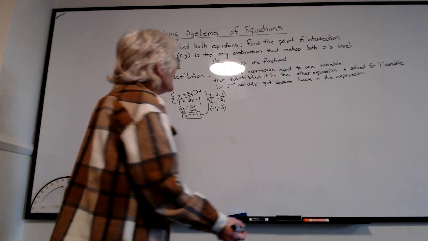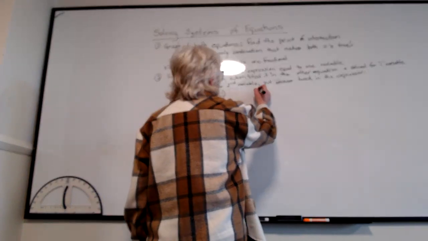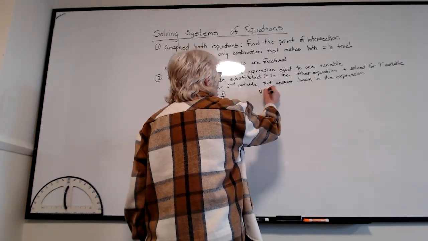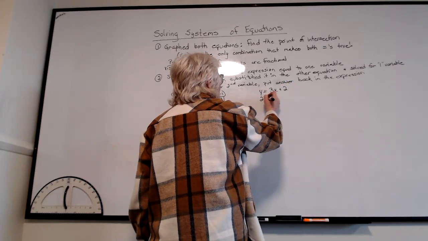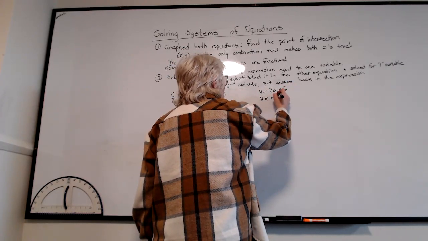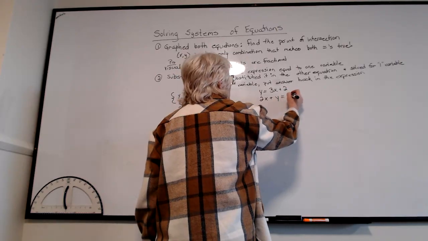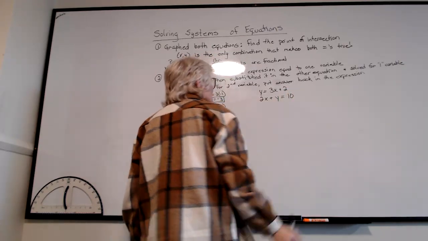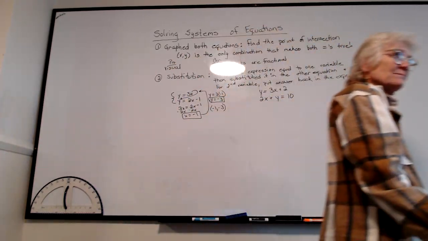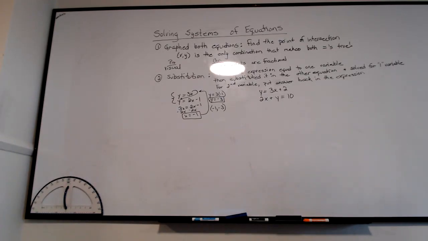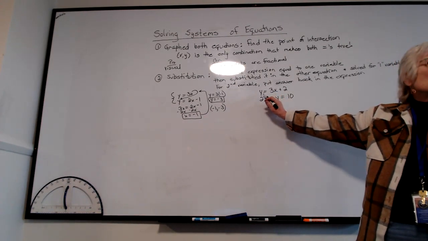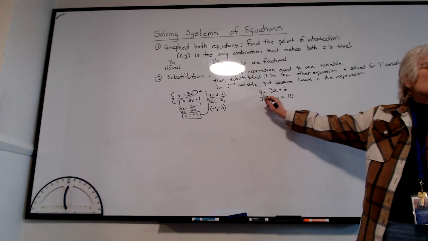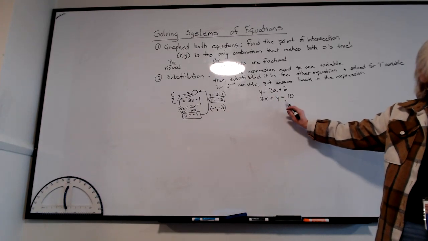Okay, so then the other kind that we solved was something like this. y equals 3x plus 2, and then we have 2x plus y equals 10. Don't ask me what I'm going to get here, I'm just making these up. In this case, I have it solved for one of the variables. See how it's in slope-intercept form? This is in standard form.